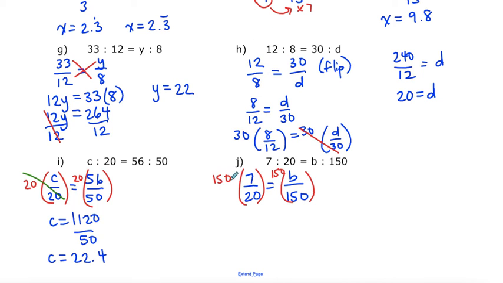I'm going to solve 150 times 7, which is 1,050. That's going to be divided by 20. My 150s cancel each other out because that makes 1, so I'm left with just B on the right-hand side. And then the last thing I want to do is divide 1,050 by 20 to give me an answer of 52.5, and that is the value of B.